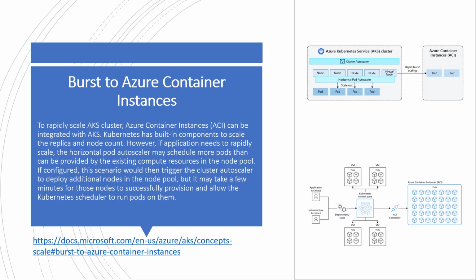Moving forward, you can burst to Azure Container Instances, and what it entails, especially as I mentioned earlier, is that manual scaling when you change the number of nodes could be time consuming, and if your application doesn't have the appetite to wait for that time, you can burst into Azure Container Instances, which is readily available. You see in this diagram an ACI connector that connects back to Azure Container Instances.